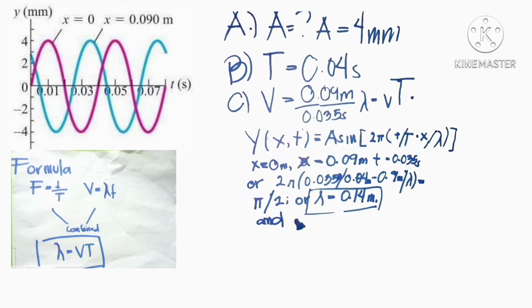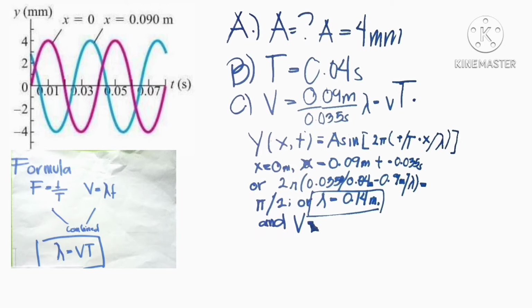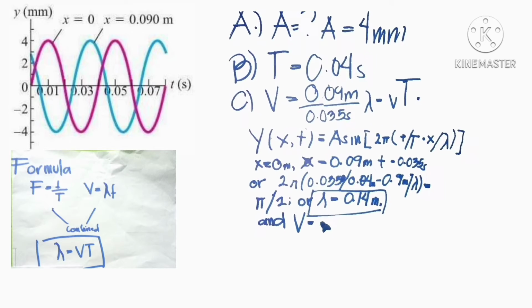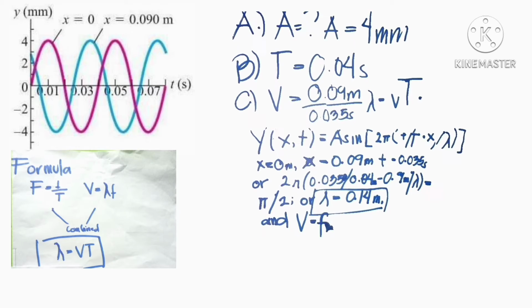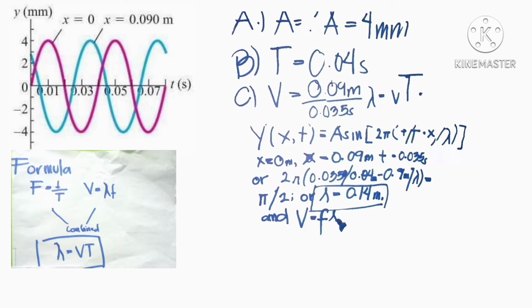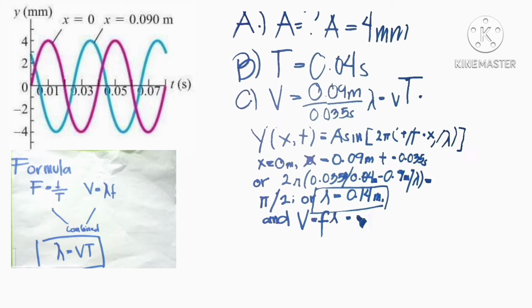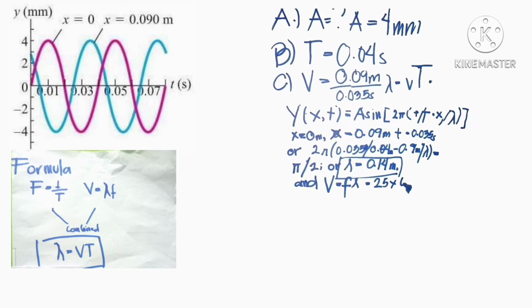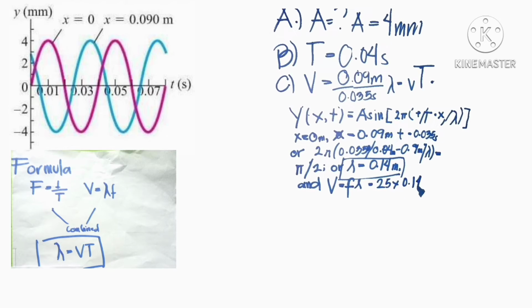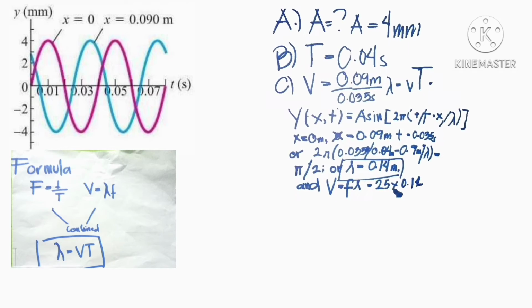And our velocity is equal to frequency times the wavelength, which is 25 times 0.14.